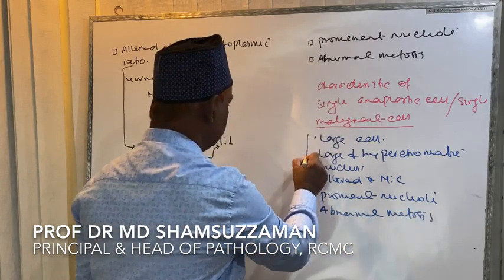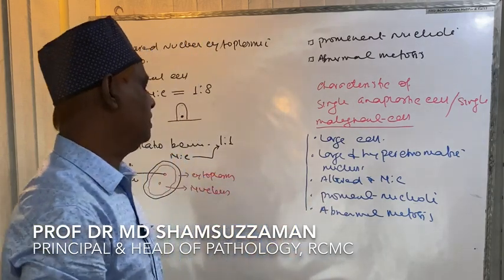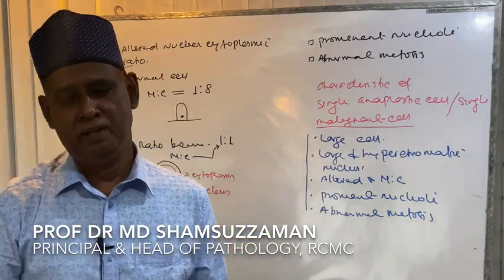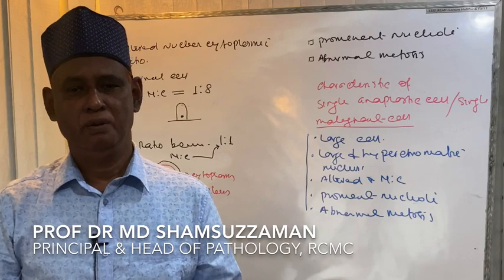These are the characteristics of a single anaplastic cell, the characteristics of a single malignant cell.